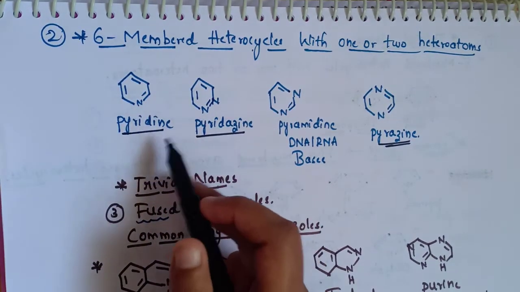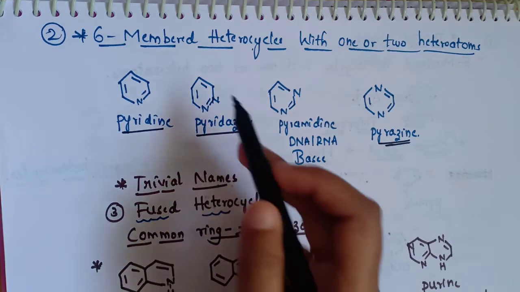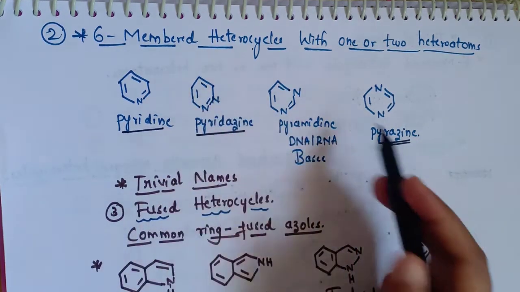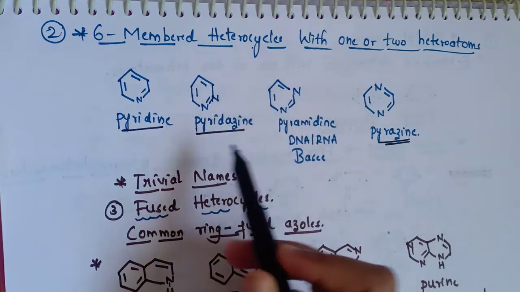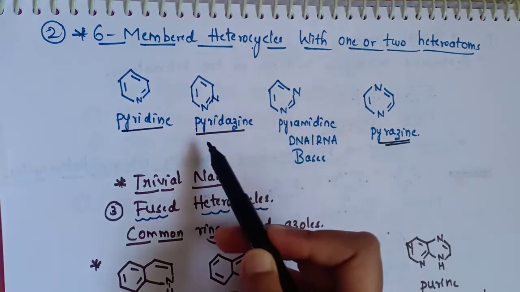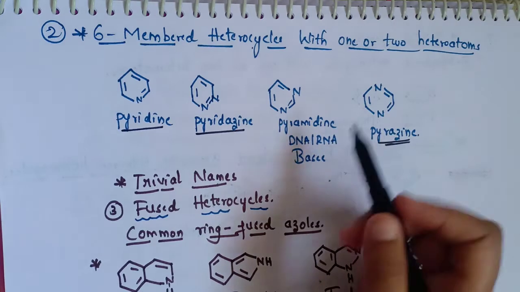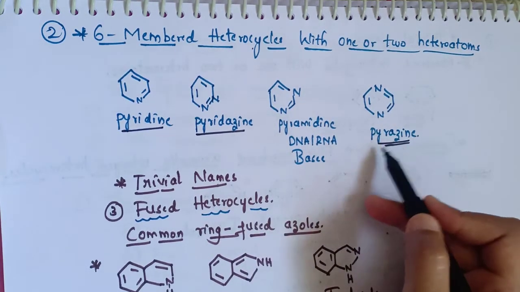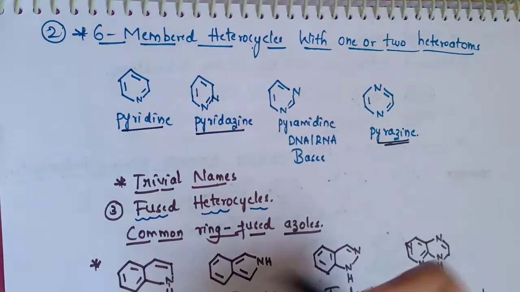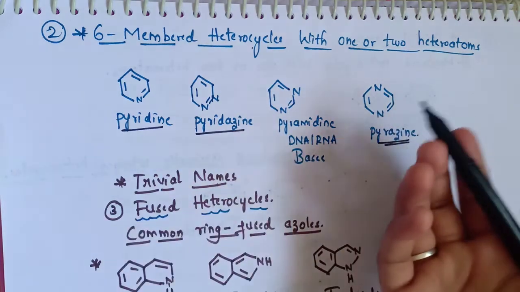When 2 nitrogens are present, here you can see the difference between pyridazine and pyrimidine, and the next one is pyrazine. These are differentiated on the basis of their nitrogen positions.